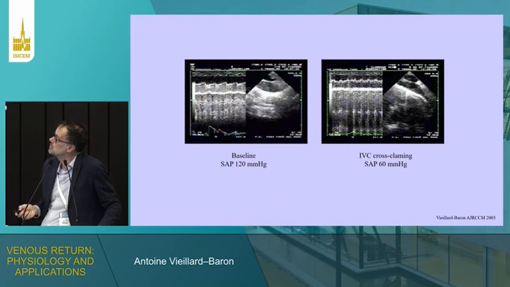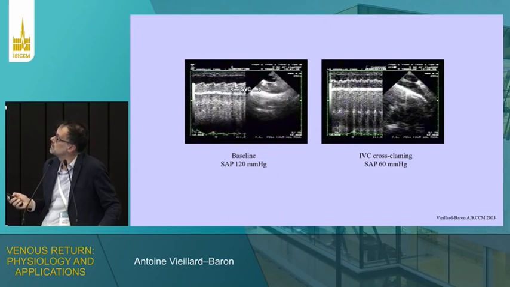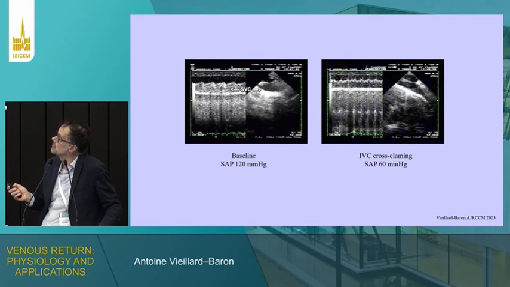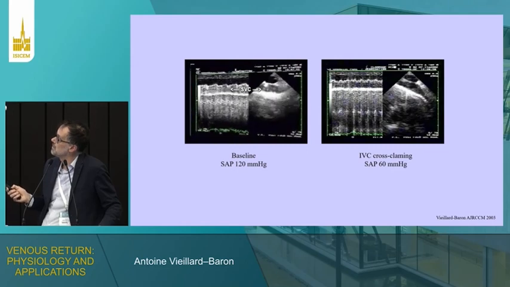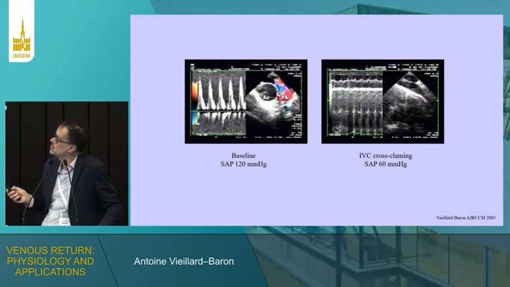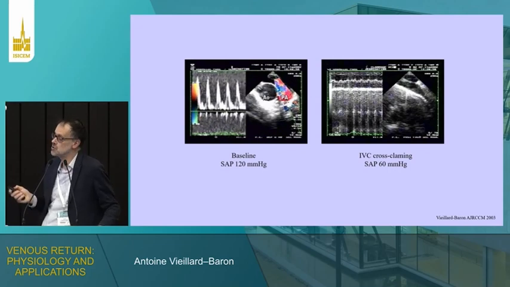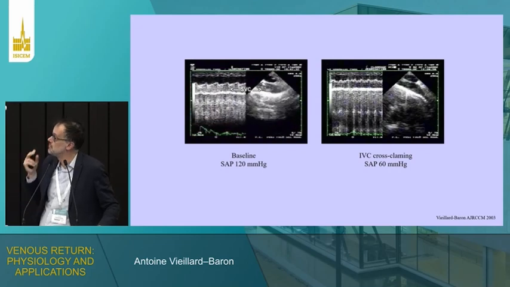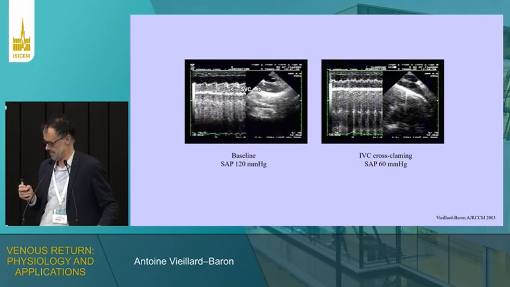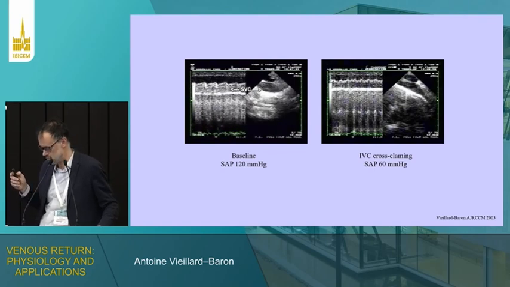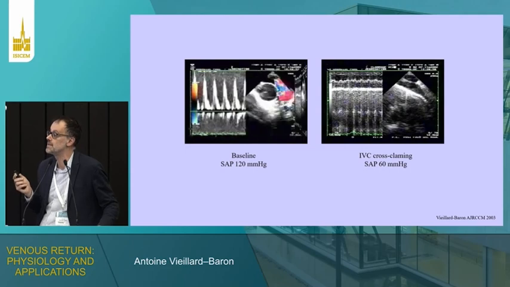And just to show you something that you may observe by TEE, this is the superior vena cava here and here. There is no respiratory variation, and there is no change here in the RV stroke volume. This patient was in the operating room to exclude liver metastasis.